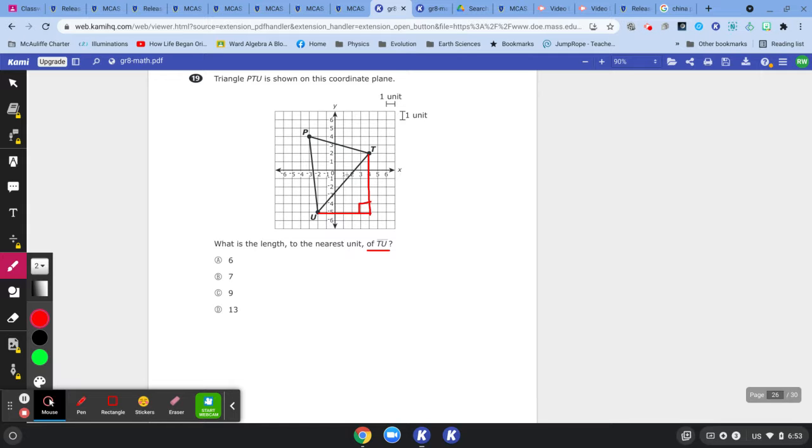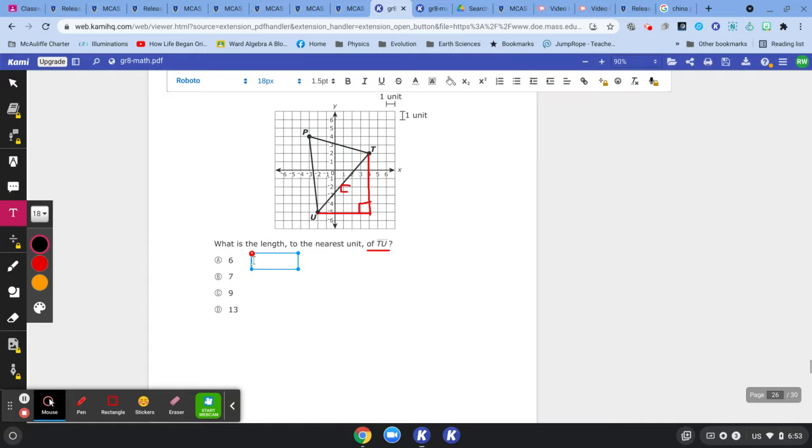So we would consider this length c, and then these two can be a and b. If you recall, the Pythagorean theorem goes like this: a squared plus b squared equals c squared. And we just need to figure out how long a and b are to figure out what c will be.